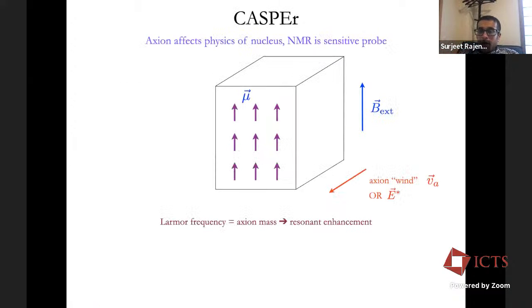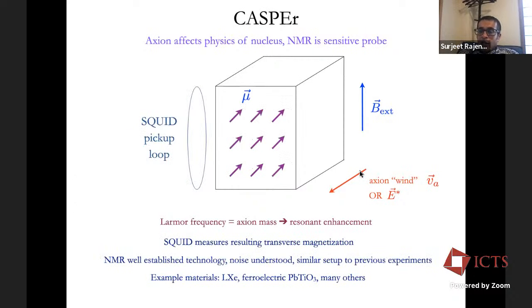So how do we do it? We take a sample of material and align all the spins in one direction and let the dark matter do its thing. The dark matter comes in, it causes these spins to rotate. And then you can measure the change in the magnetization by using a SQUID pickup loop, for example. And there's a natural possibility of a resonance in this kind of story because the spins naturally want to precess at the Larmor precession frequency set by the external magnetic field that you put in the system.